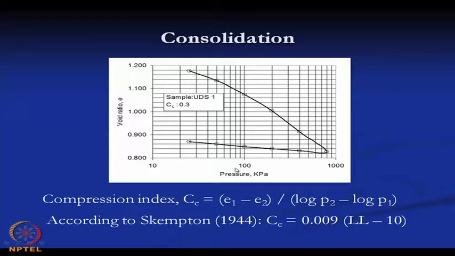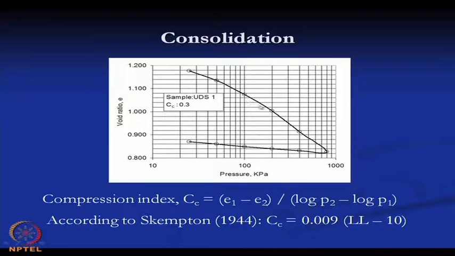The pressure is plotted on the logarithmic scale and the void ratio on the normal scale. As we apply more pressure, the void ratio decreases. This is the loading curve and this is the unloading curve. Once we remove the pressure, there will be some rebound of the soil void, so it will go further up.